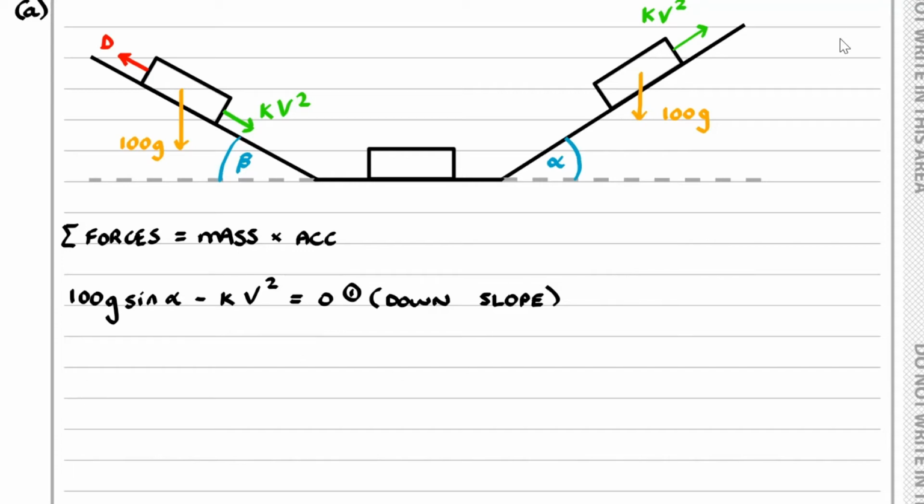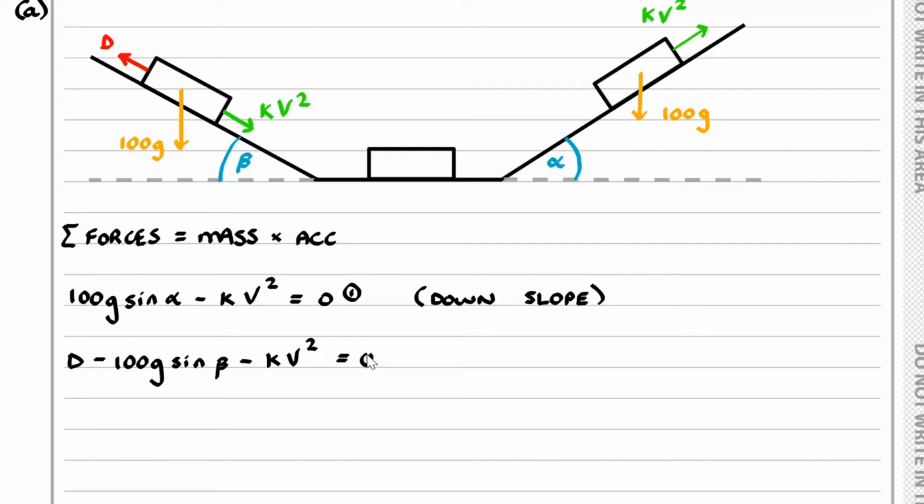We can now find out what the situation is when we go up the slope. So going up the slope, we've got D going forward, and opposing that is the gravitational effect. So we subtract 100g sine beta, and then we subtract the resistance kV squared, and again, because we've got constant speed, this is all equal to 0.